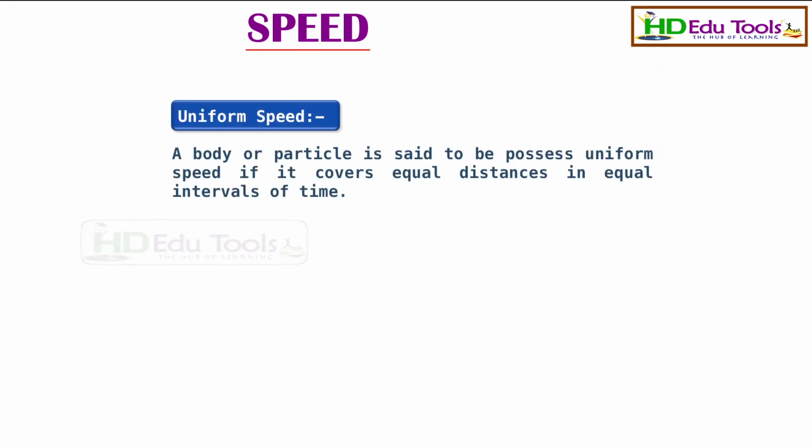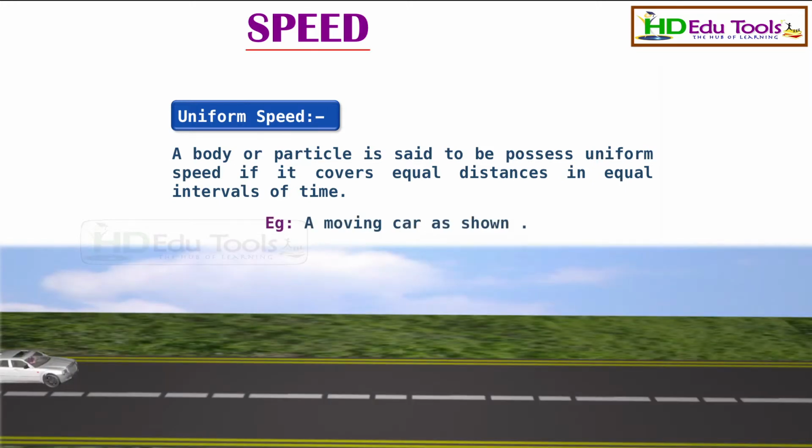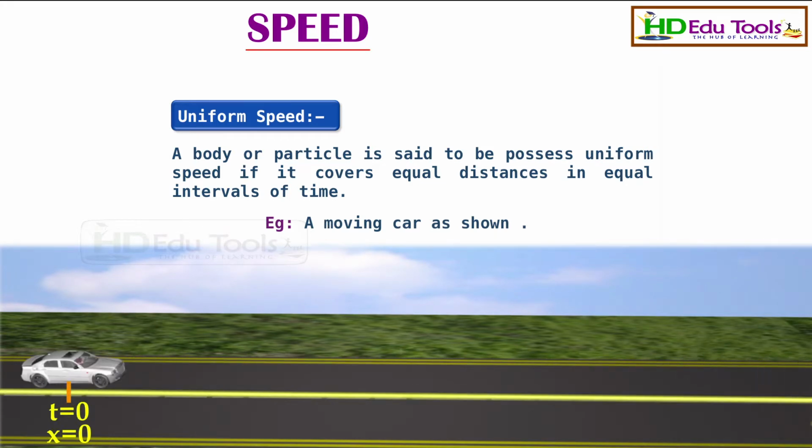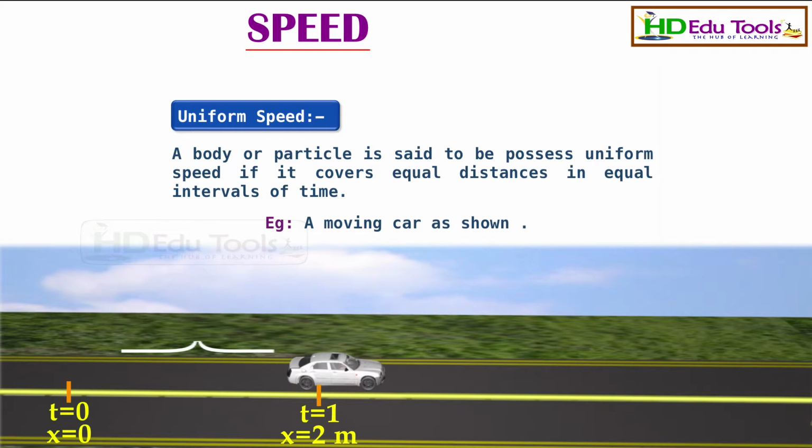Uniform speed. A body or a particle is said to possess uniform speed if it travels equal distances in equal intervals of time. Suppose we consider a car moving along a straight line as shown in the figure. At t equal to 0, it is at this position, and at t equal to 1, it is at this position. That means during 1 second it travelled a distance of 2 meters.